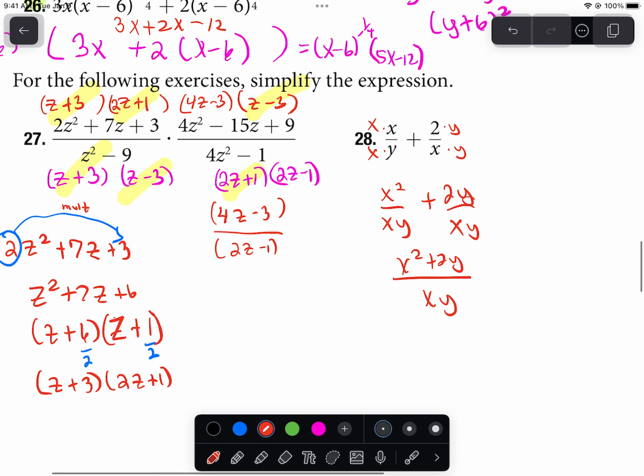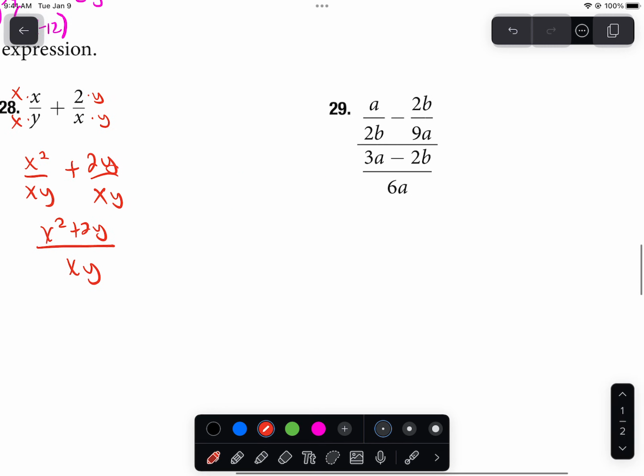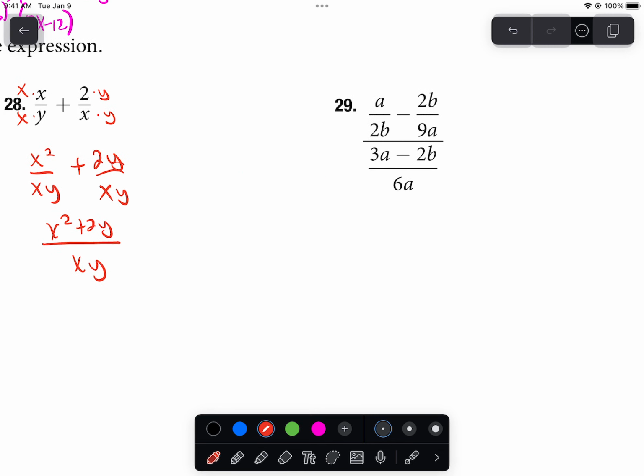Okay, now let's jump over to 29. Now, let me first tell you a formula that I'm going to use. If I have a fraction over a fraction, that's called a complex fraction, I'm going to do a technique called big C over little c. The outer two that are connected by the big C multiply and go on top. The inner two, which come from the little c, connect and multiply and go on the bottom.